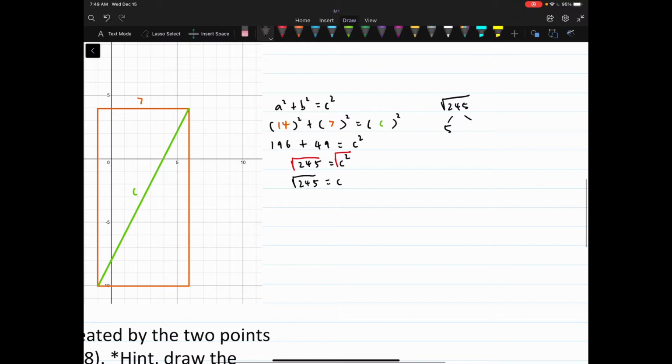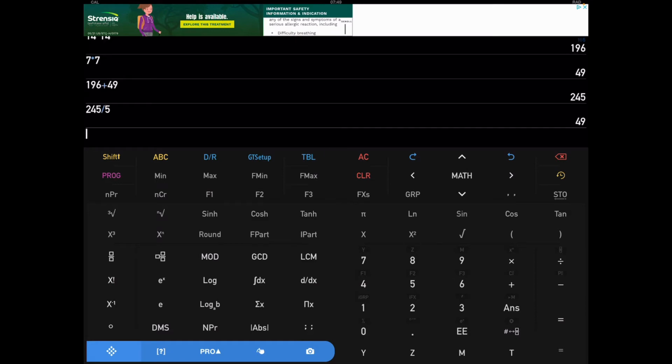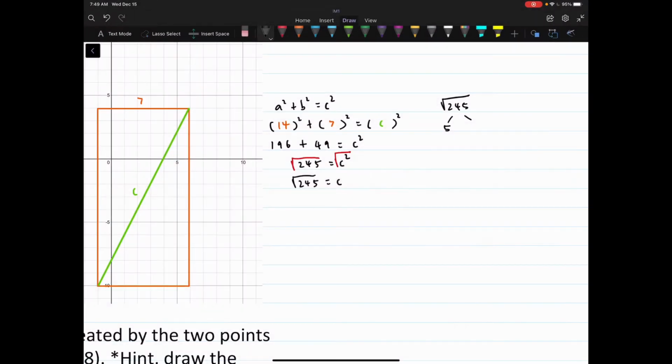So 5 goes into 245. So 245 divided by 5 is going to be 49. And then 49 is 7 and 7.